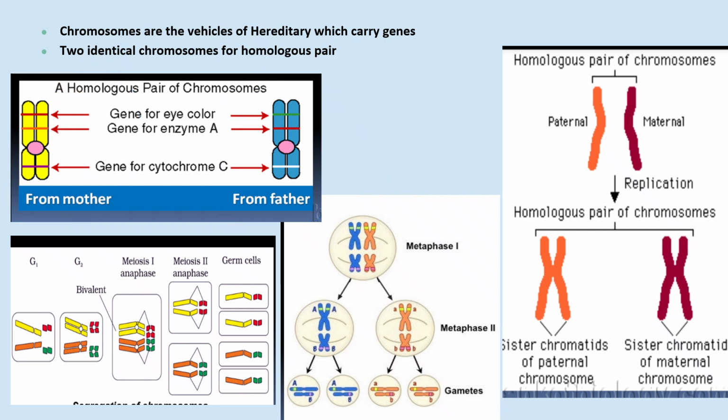So the position of the genes on the chromosomes is the same in the homologous chromosome. Suppose this chromosome has the gene for cytochrome C here, the homologous partner will also have the same gene at the same location. That is why these chromosomes are called homologous chromosomes.